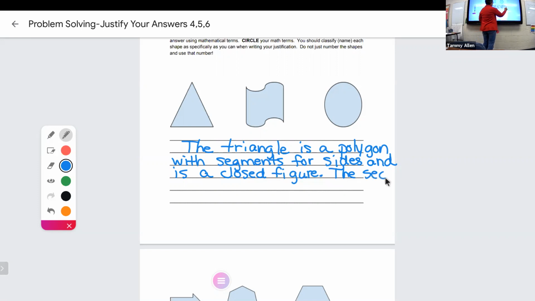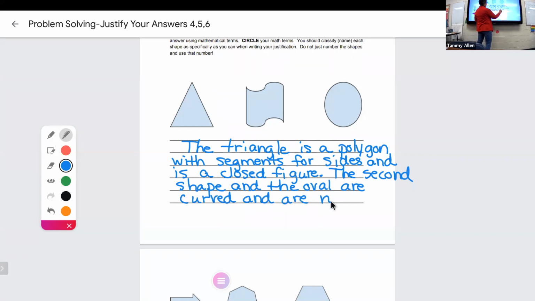The second shape and the oval are curved and are not polygons.